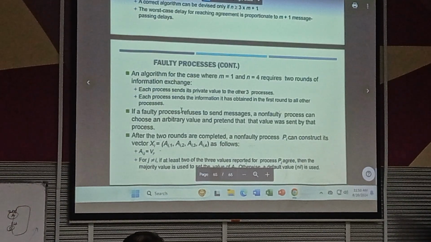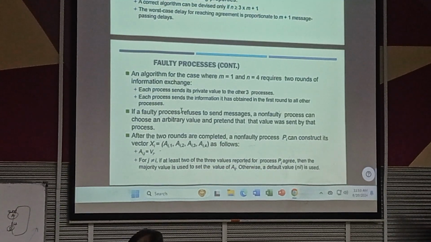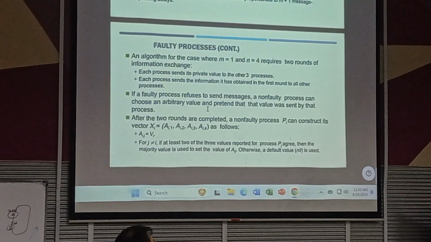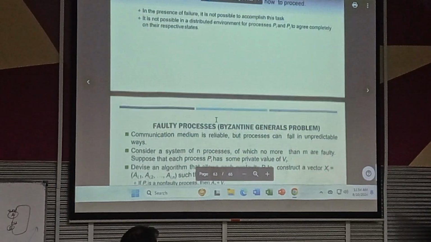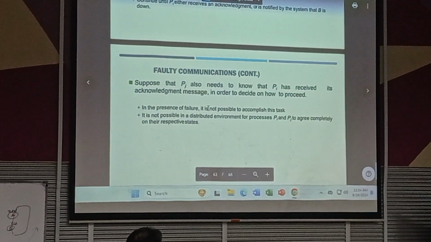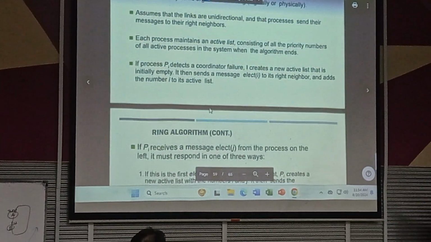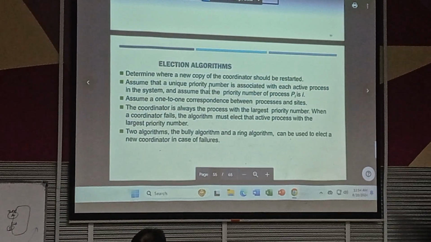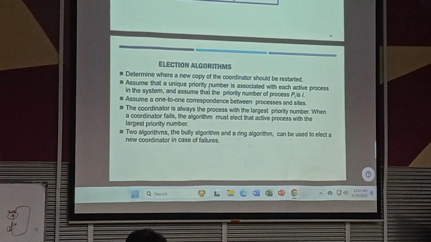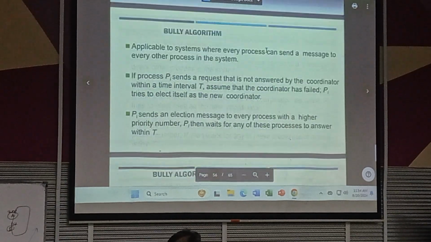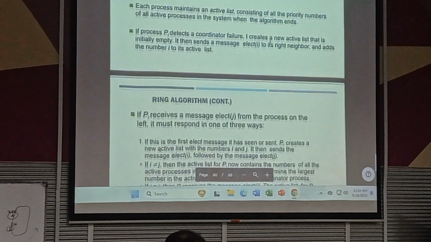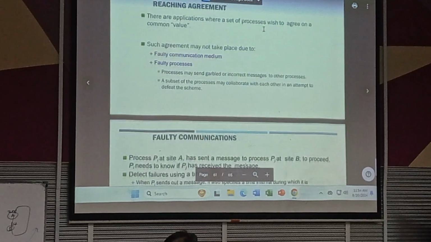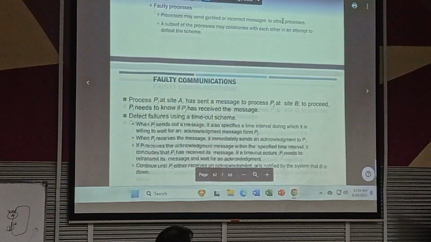I'm not going to discuss them because they are different algorithms, and it's kind of complex to explain, especially the Byzantine algorithm. And I don't see any relation to what we discussed before. So I'm going to skip this election, Bully algorithm, ring algorithm and Byzantine algorithm. I finish here, and this one will not come out in the exam.